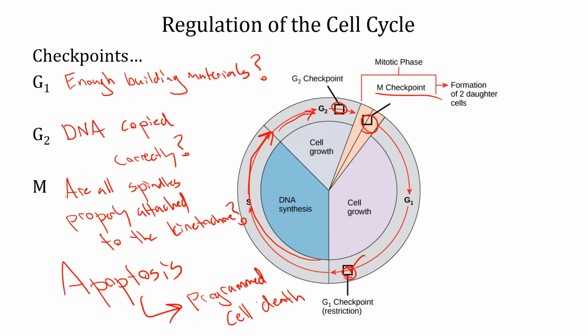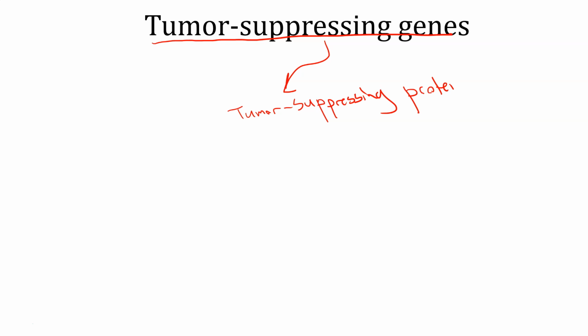Now, one of the things that will break down a cell if it's not ready, so if one of these checkpoints isn't met and the cell is supposed to cease dividing or program itself to die, is that it will activate a tumor suppressor gene, and a tumor suppressor gene will make a tumor suppressing protein, and the tumor suppressing protein will hopefully shut the cell down. It will likely be a series of proteins all interacting with one another to shut the cell down.